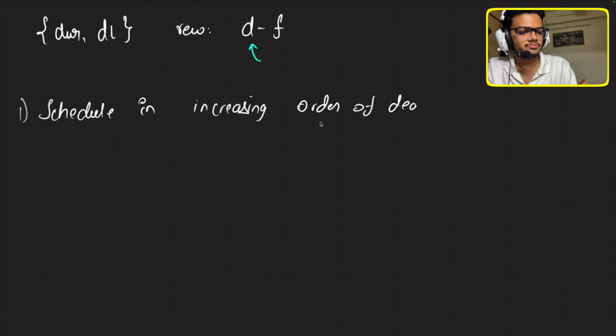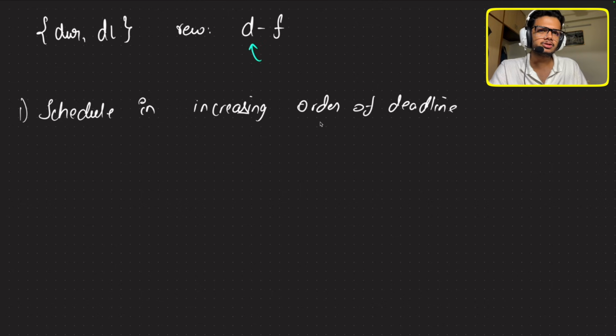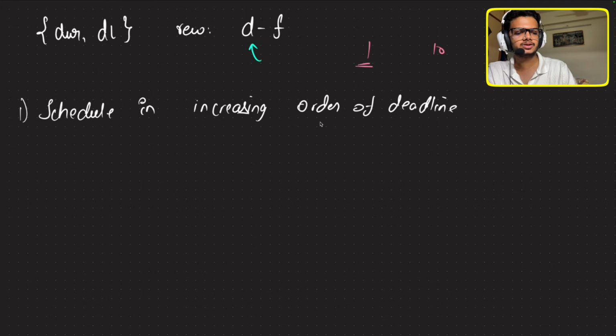This comes naturally in the sense that it's better to complete a job which has an earlier deadline, right? Because if you schedule it later, then it might give you a negative reward. If this guy has a deadline of 1 and this guy has a deadline of 10, you're better off scheduling this guy first, right? Because if you schedule a task with a lesser deadline later, it will give you a negative reward.